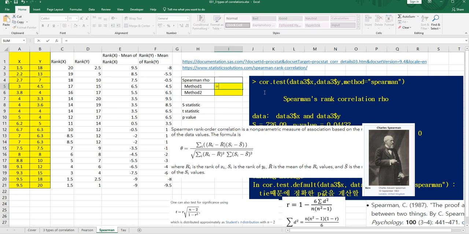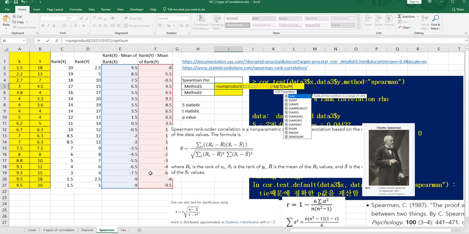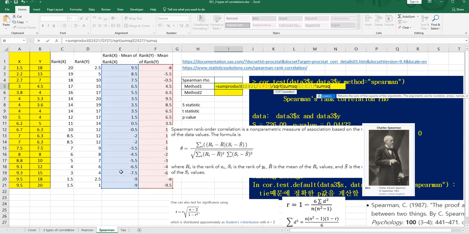So sum product of the first array, comma, and select the second array, over square root of sum SQ of this one, multiplied by sum SQ of this one.